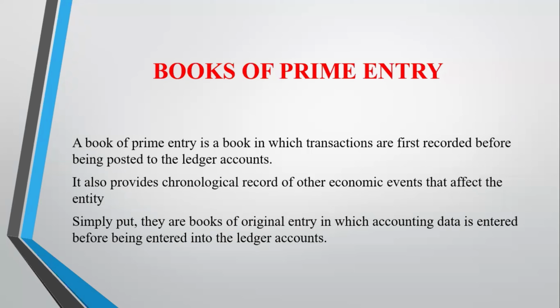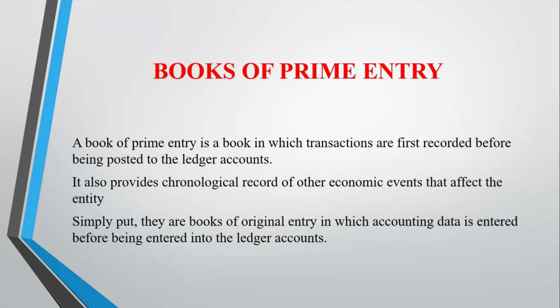So if a transaction occurs, the book that is recorded first before it is transferred to the ledger account is what we call the books of prime entry. It is recorded before it is posted.